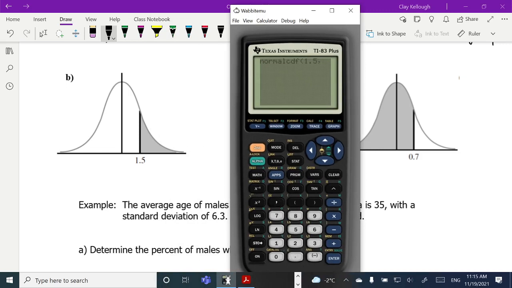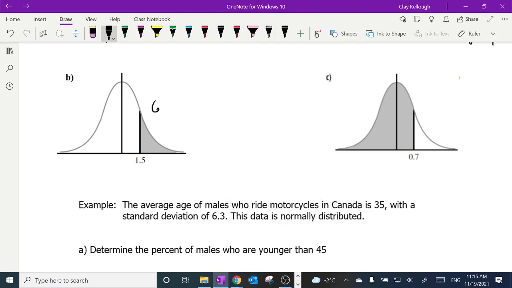My upper boundary is infinity. 1 times 10 to the, which is E, 99, comma, 0, comma, 1. Mean of 0, standard deviation of 1. Enter. Now careful, that's not 66%, right? That's 6.6, or actually I guess rounded at 6.7%. So this is 6.7% of the data. So there it is on a TI.